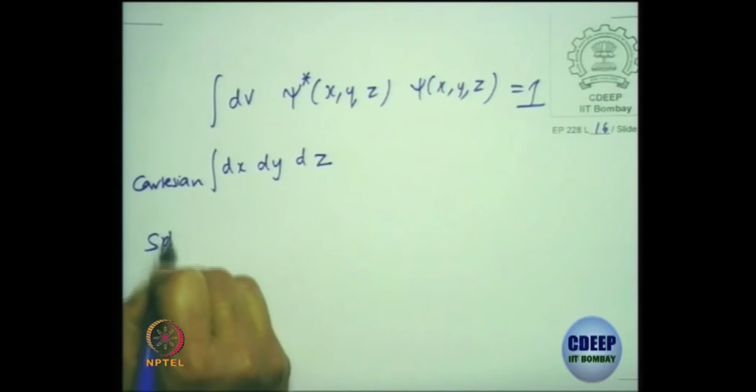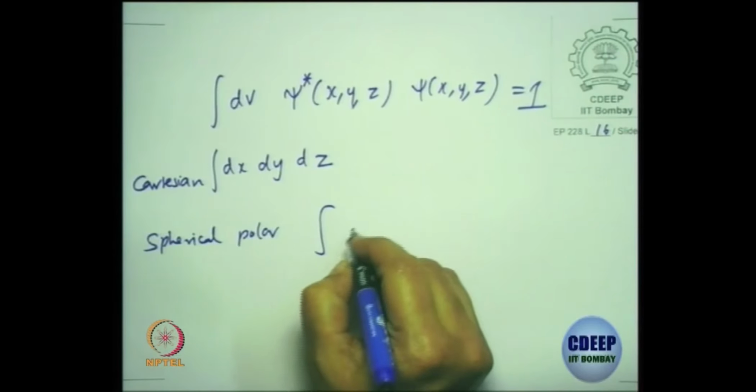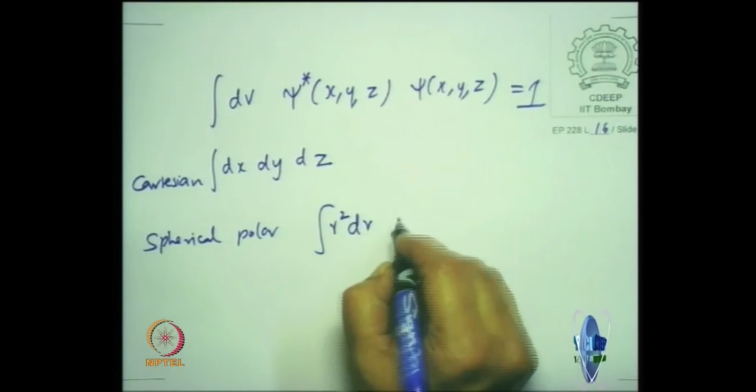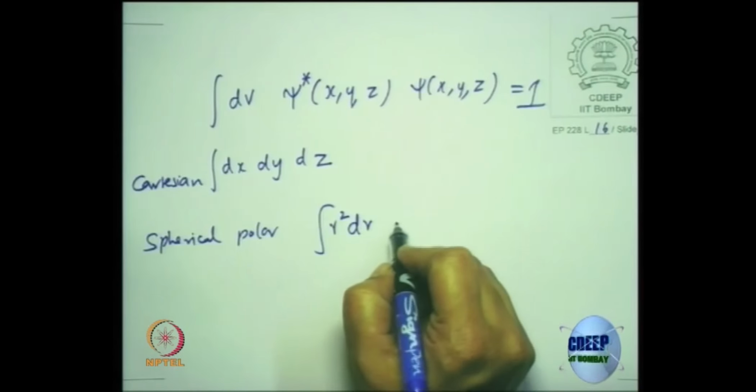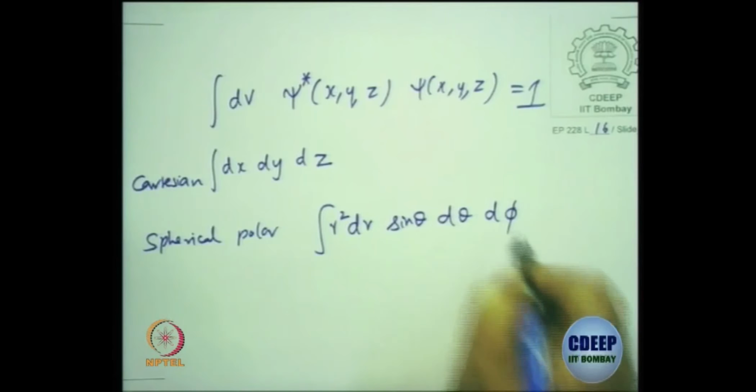In spherical polar it is dr r squared sin theta d theta d phi, right?